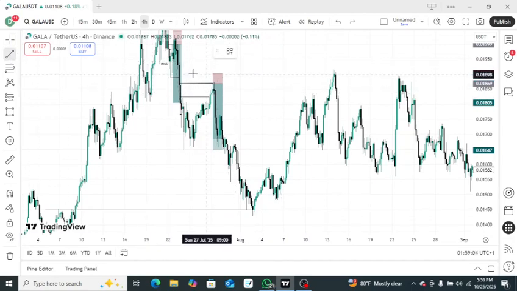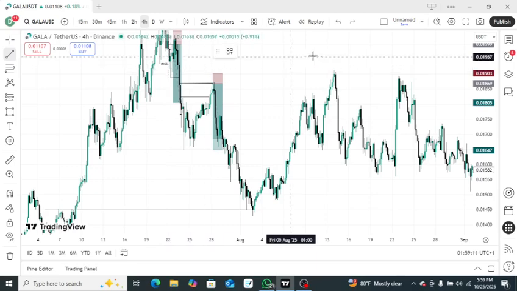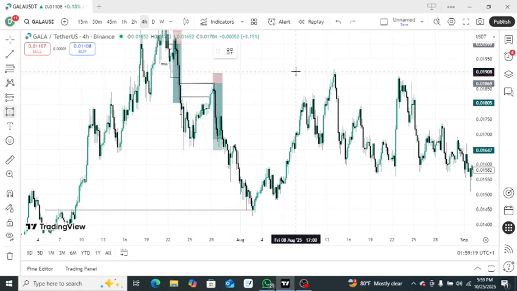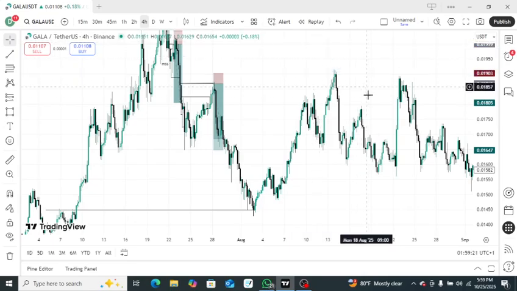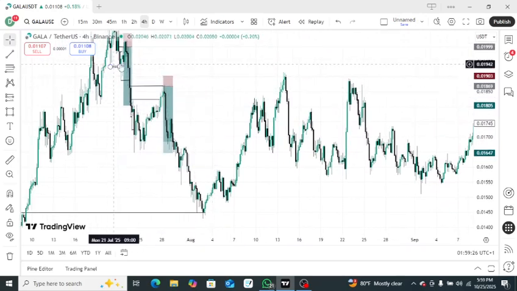So looking at this, let's see, it was this breaker block here, but price did not really come back into it. So I'll just say maybe this FVG, fair value gap, somewhere around there. But since I don't have, let me see, maybe on the 3-hour time frame you might see something here.